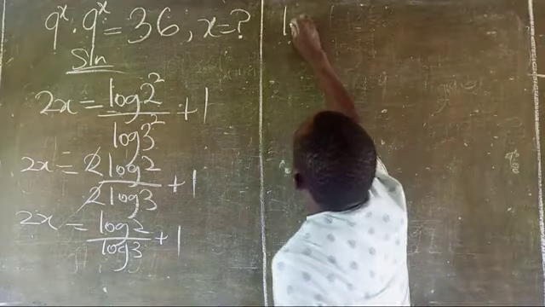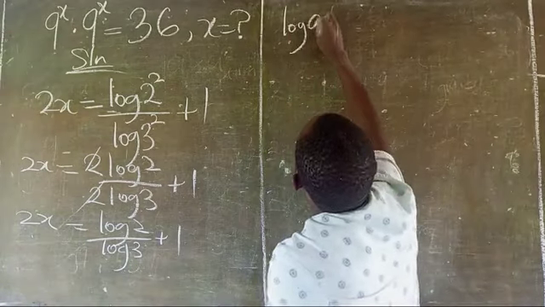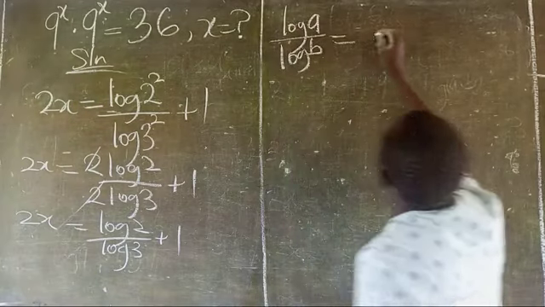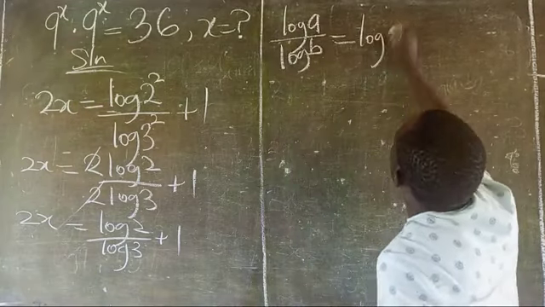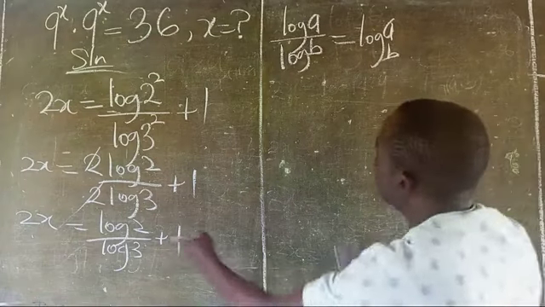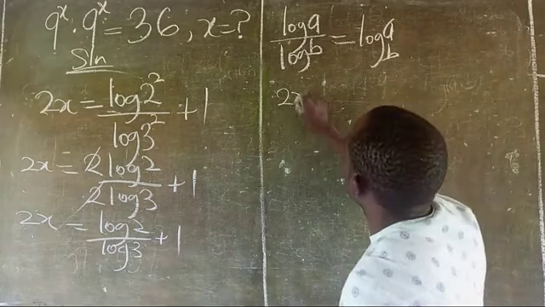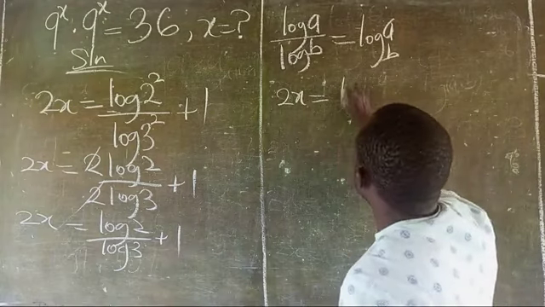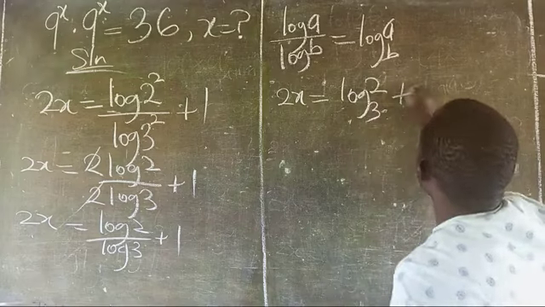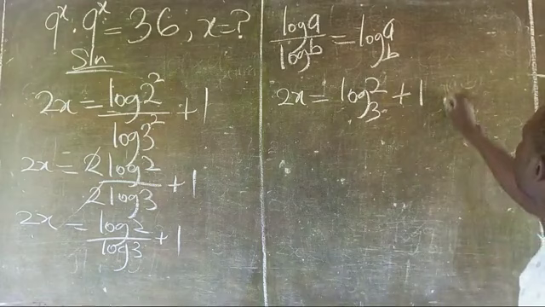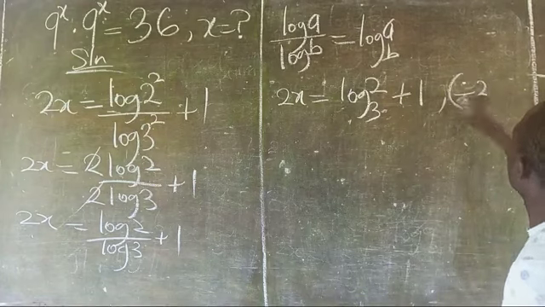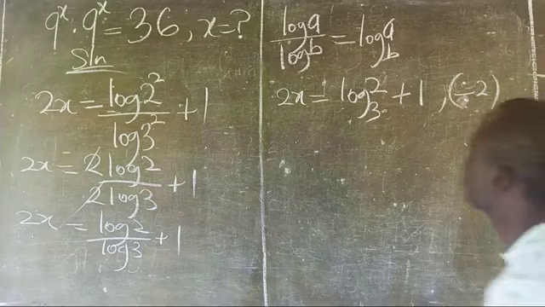You remember log a over log b is the same thing as log a base b, change of base log. So we're going to do that here. So 2x will therefore be equal to log 2 base 3 plus 1. So we want to divide through by 2, the coefficient of x.